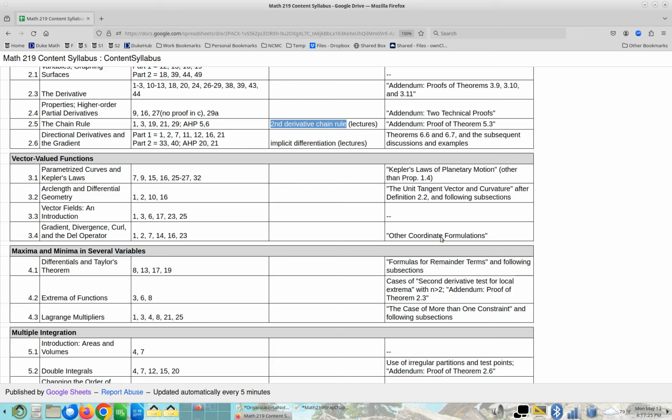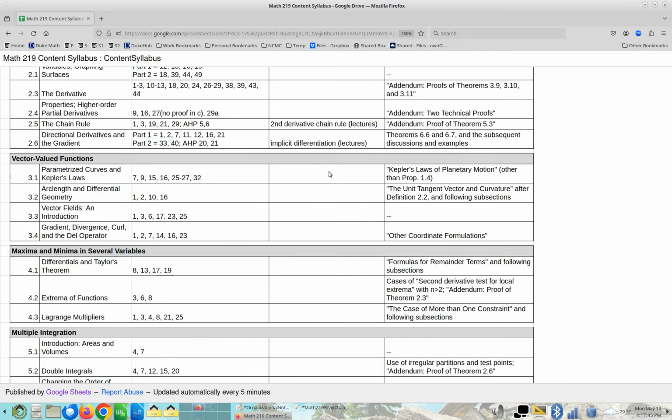This is not an abstract mathematician's sort of topic. This is really important in physics and engineering. And the book doesn't have any discussion of it. So anyway, it will be fair game. It will be discussed in the lectures. And so heads up on that.